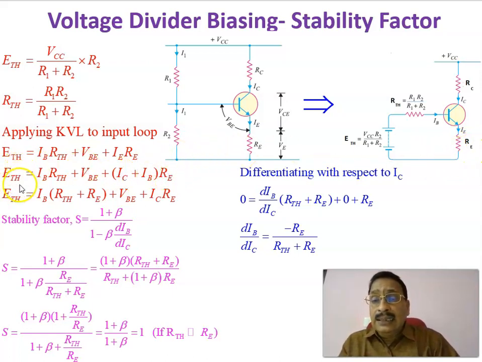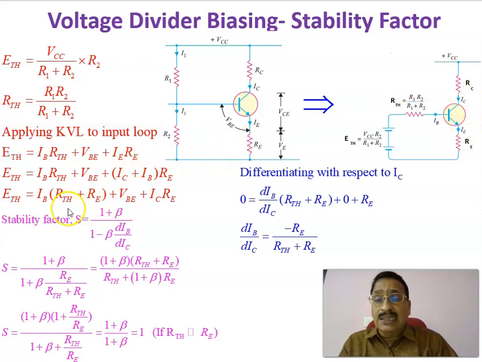Here ETH equals IB into RTH plus VBE plus IE RE, where IE is nothing but IC plus IB. But we know that the base current is very small compared to IC, so while calculating IE you can approximate it to IC.